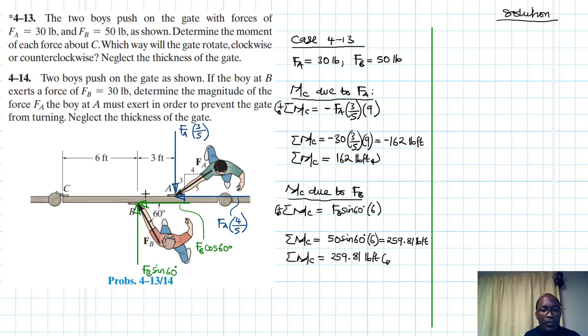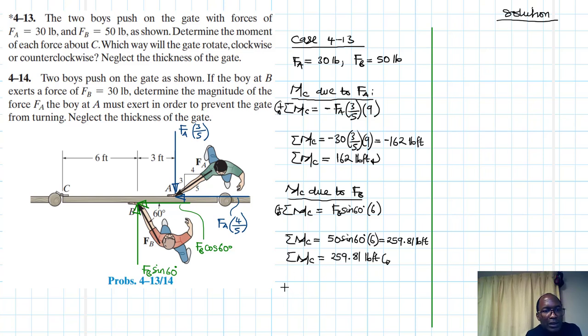So now let's compare the two moments. Look at this moment and look at this moment. Which of the two moments is bigger? Of course, it is this one, right? Great. Therefore, which way will the gate open?